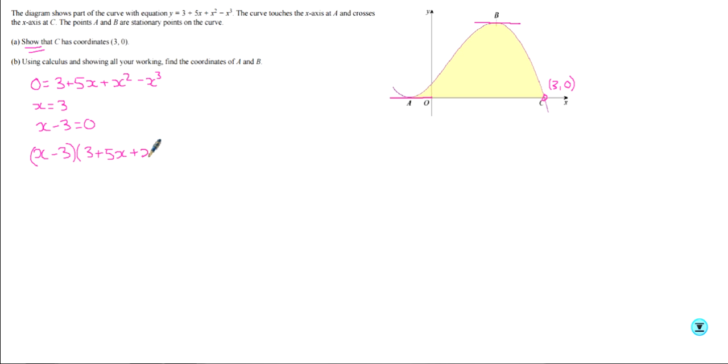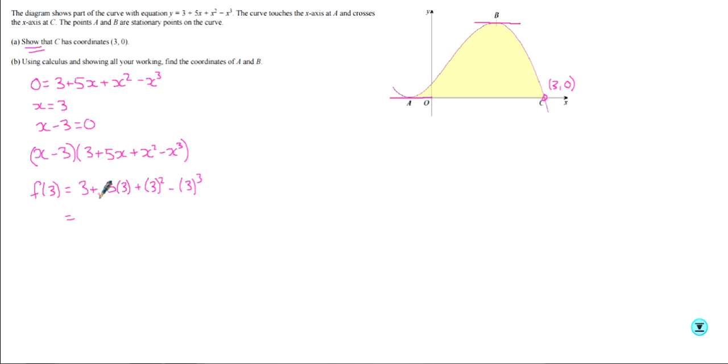So you could do some algebraic division, but in fact there's an easier way, because when you learnt this, you learnt about, I can't remember what it's called, but I think it's the Factor Theorem or something like that. So x is 3, you can put 3 in here and show that it equals 0. So let's say this is the function of x, the function of 3 is going to be 3 plus 5 lots of 3 plus 3 squared minus 3 cubed.